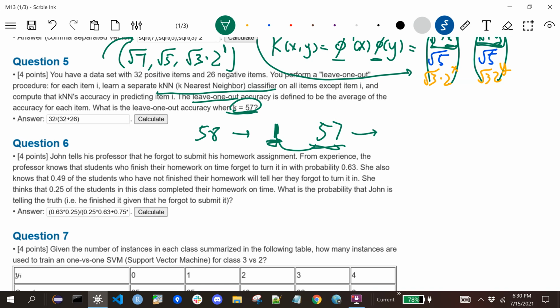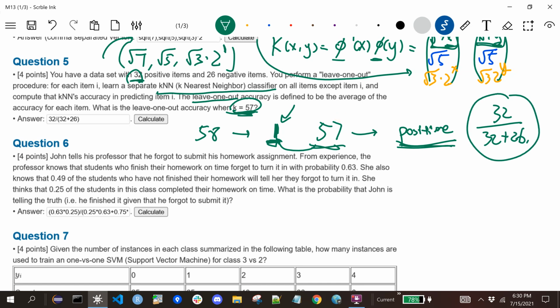So when they vote, we always use the majority, which is positive. So what it means is this classifier is always going to predict positive. So how many of these are going to be predicted correctly? There are 32 of them that are positive, and there's a classifier that's always predicting things as positive. So the accuracy is just this. It's just a fraction of things that are predicted correctly.